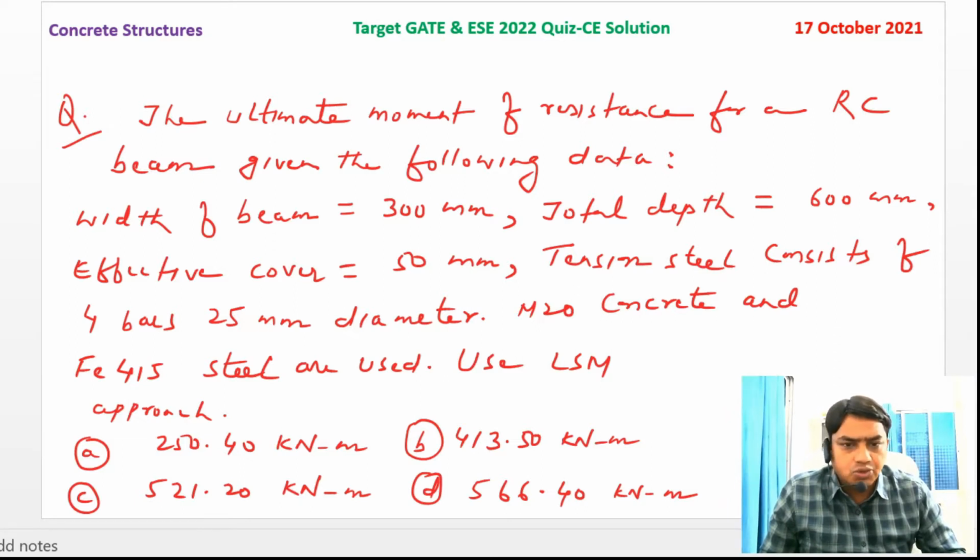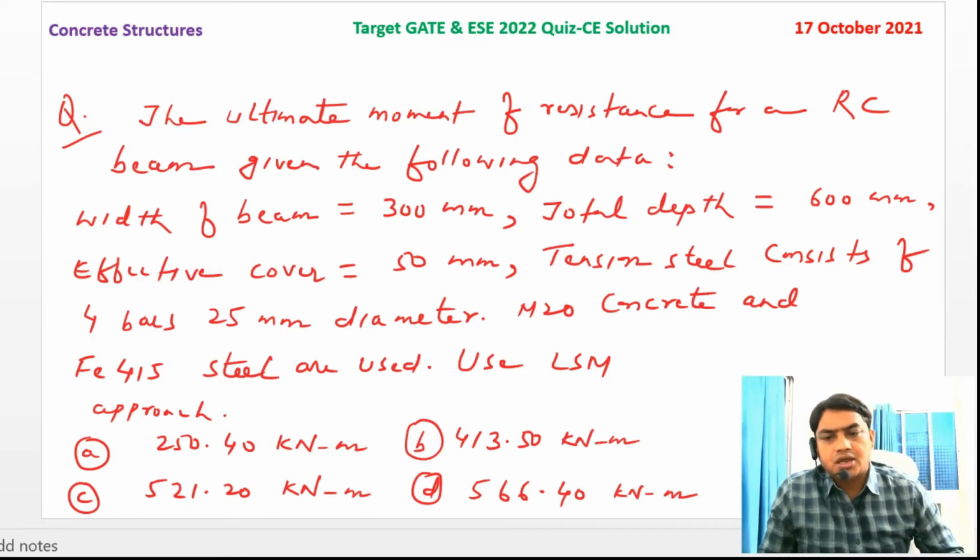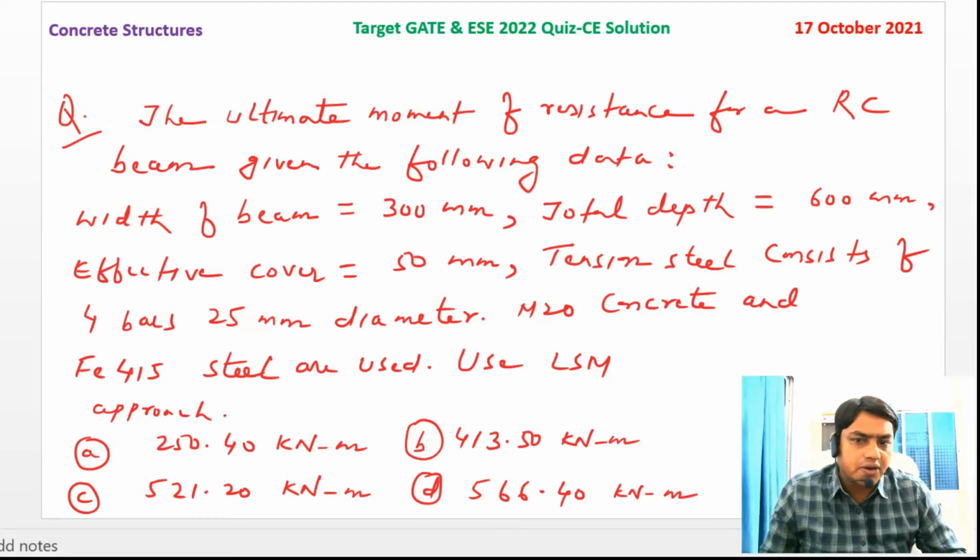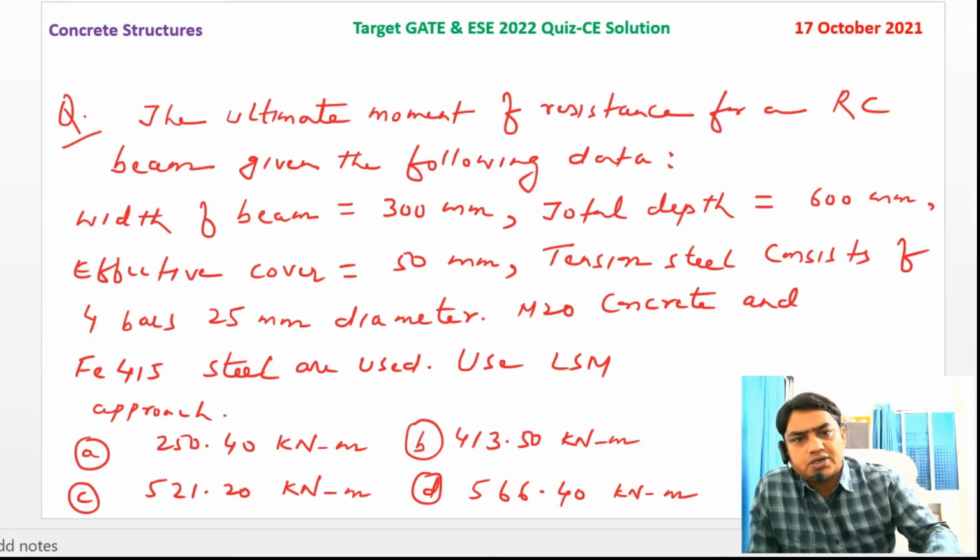Use M20 concrete and Fe415 steel, and use the limit state approach. The options are A) 250.4 kilonewton meter, B) 413.5 kilonewton meter, C) 521.20 kilonewton meter, and D) 566.4 kilonewton meter.